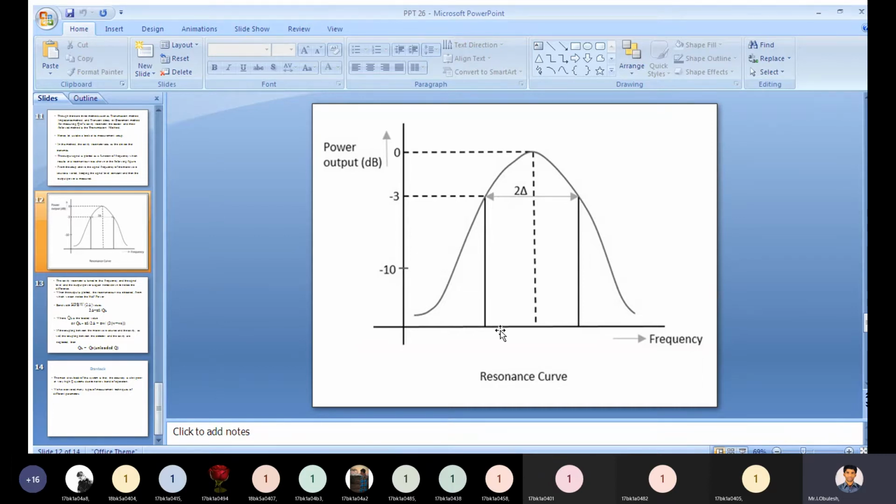When the output is plotted, the resonance curve is obtained.